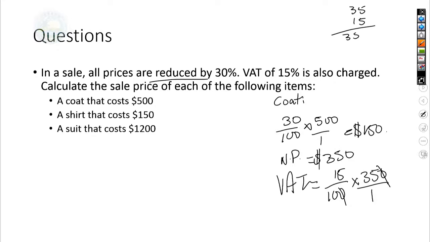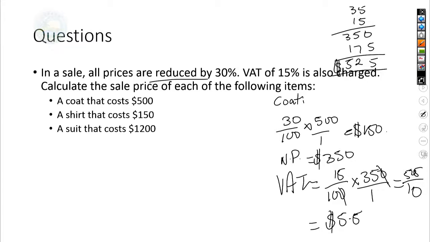So that's 350. That's 5 by 2. 5 by 3 is 15 and 2 is 17. So then that's 525. So that's 525 over 10, which is $52.50.